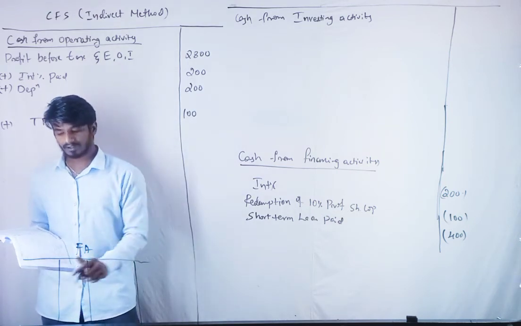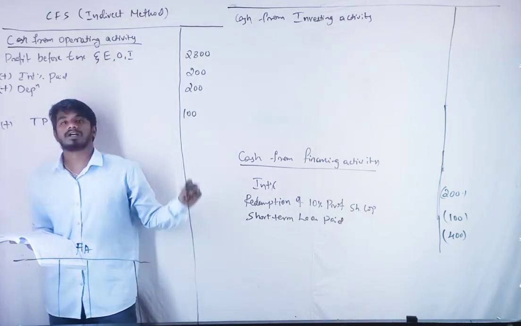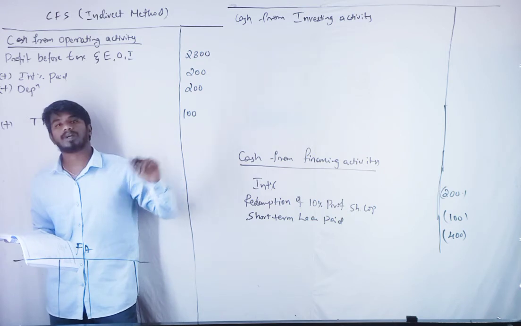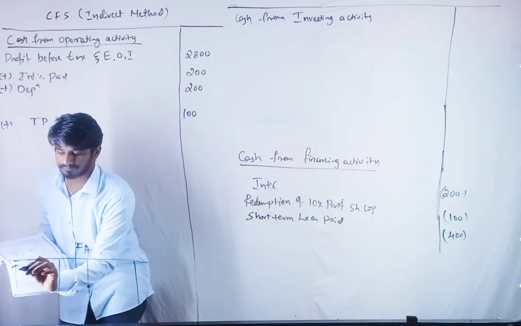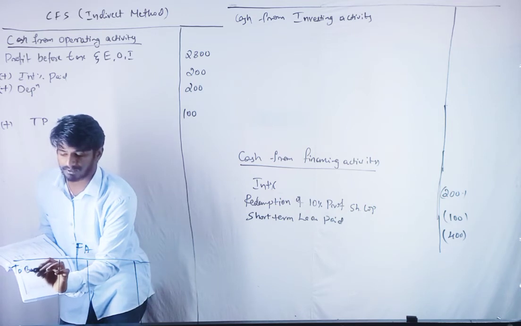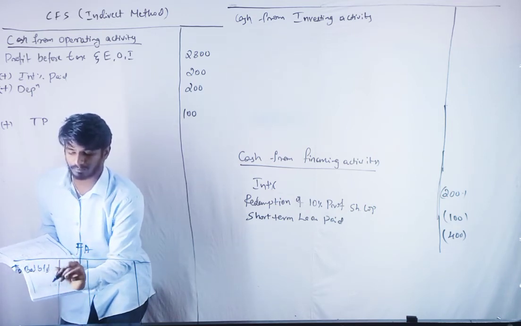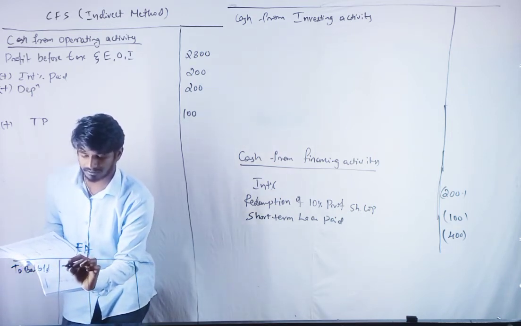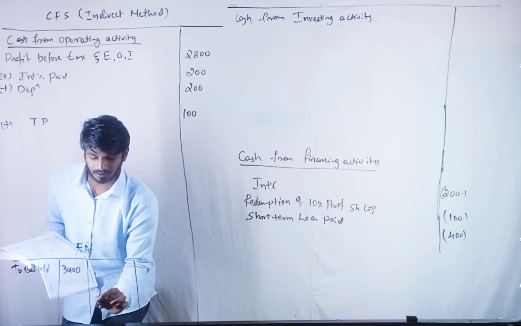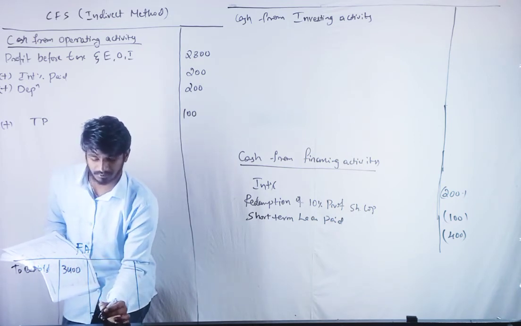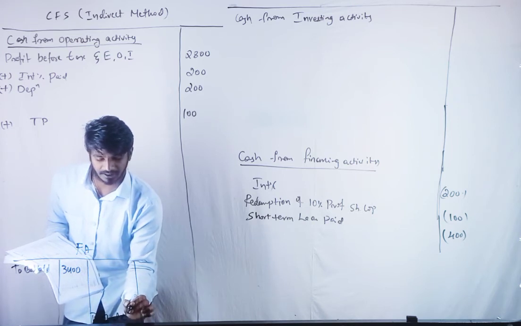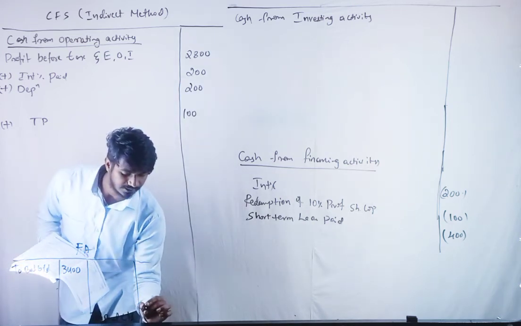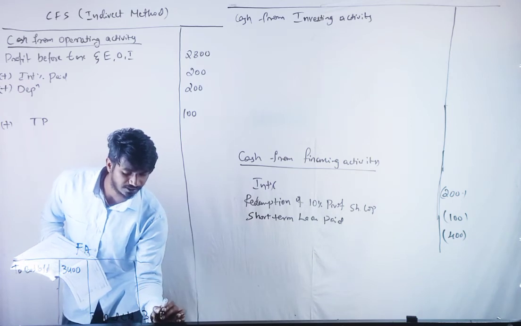If it is an asset account, where the opening balance comes, we will show it in the debit. Balance brought down, opening balance is 3400. Closing balance, by balance carried on, is 3600.